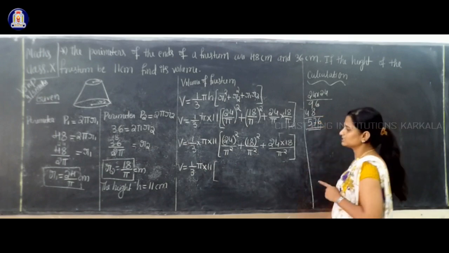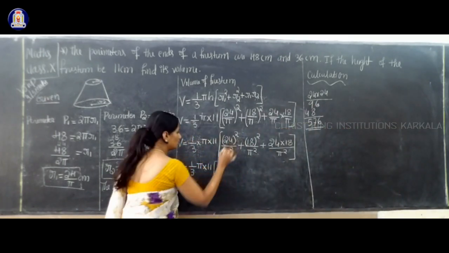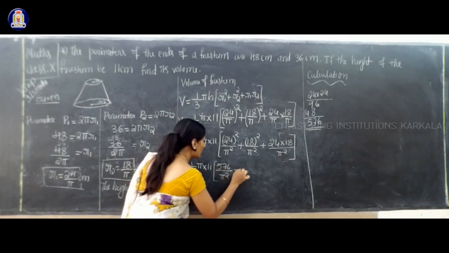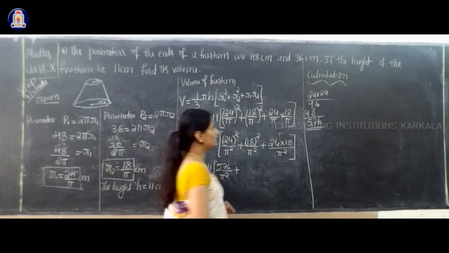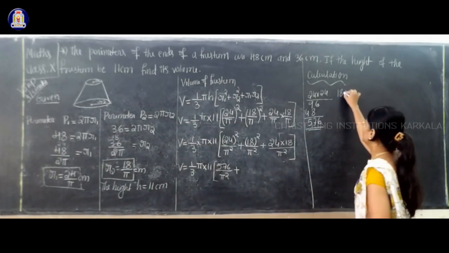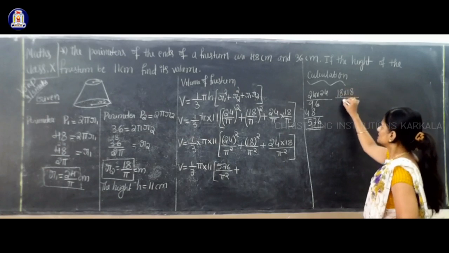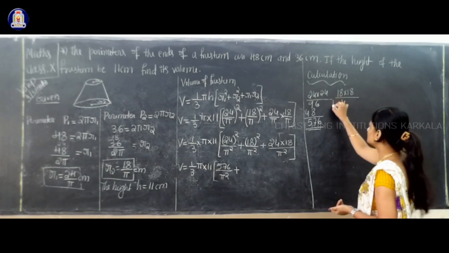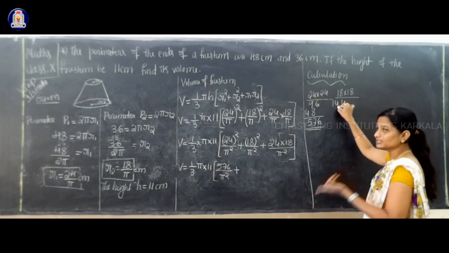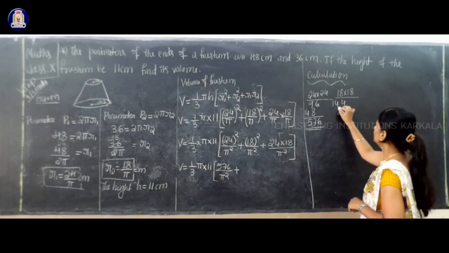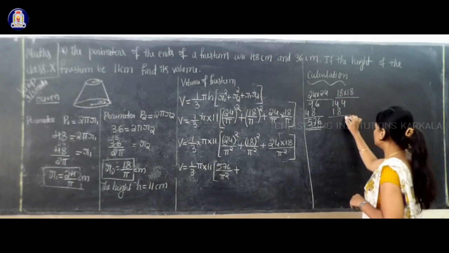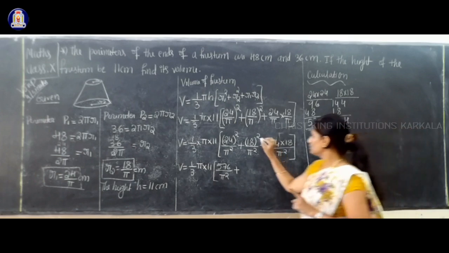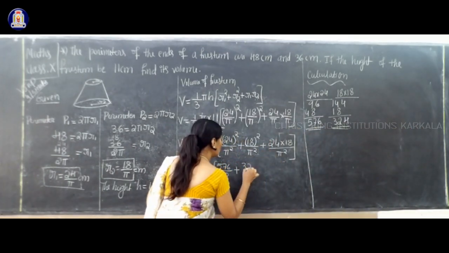So that means 576. So 24 square is 576 divided by pi square, as it is, plus 18 square. So 18 into 18. 8 8s are 64, 6. 8 1s are 8 plus 6 is 14. 1 8 is 8, 1 1 is 1. So it is 324. So what is 18 square?